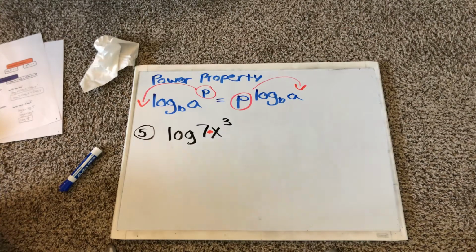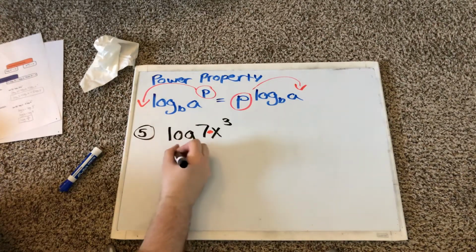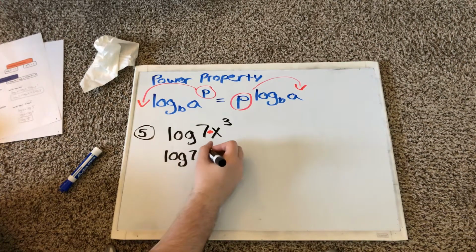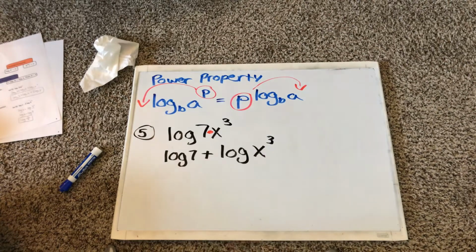So in order to expand it, I have to use my product property. So I get log 7 plus log x to the third. So I have to expand it out first to get rid of the multiplication.